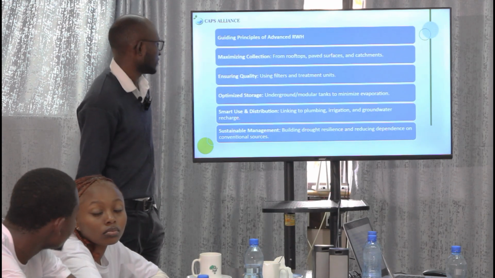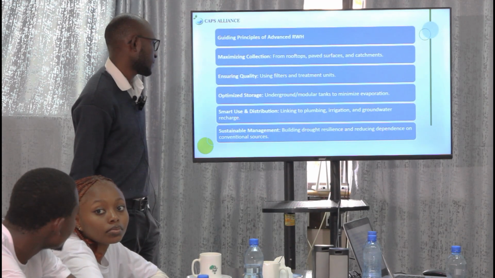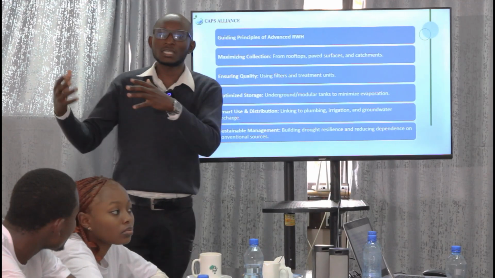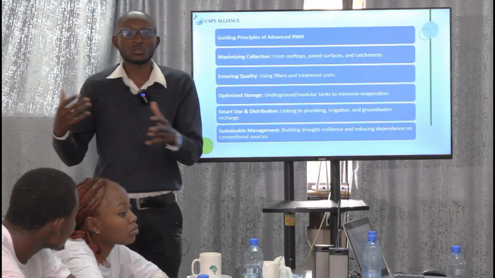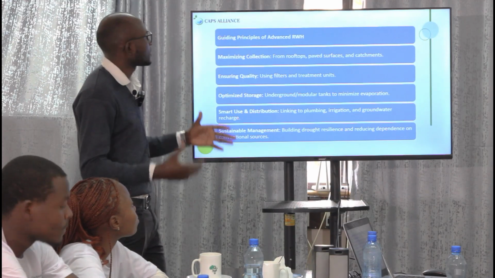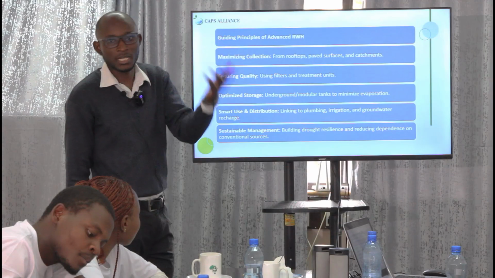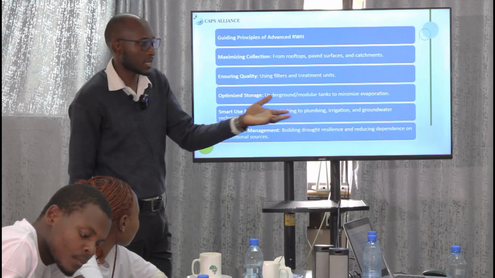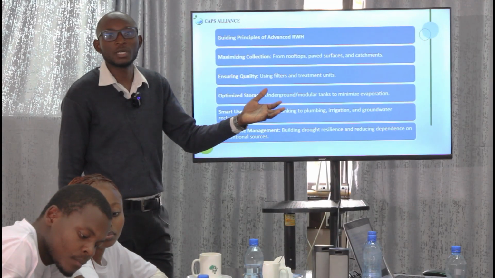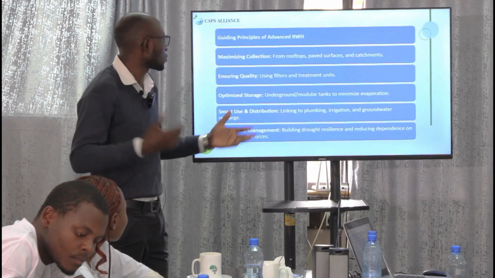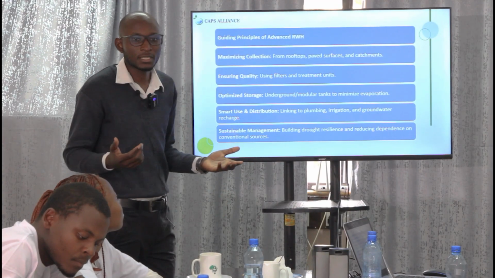Now, what are we going to achieve using this? What is the main aim of settling for advanced ways of storing and collecting water besides the traditional ways? One, we want to maximize collection, because, as Bishop had mentioned, we collect about 5%. Can we collect more? Now, we want to enhance the quality.